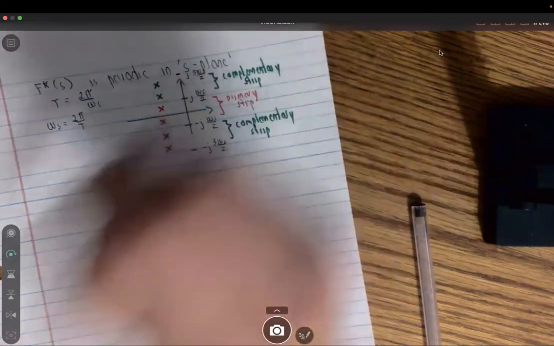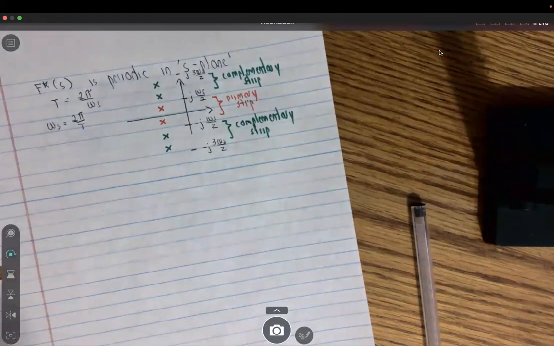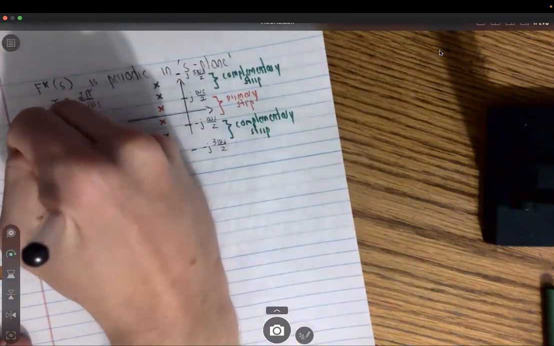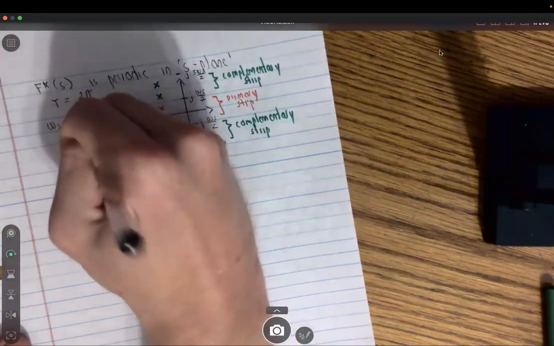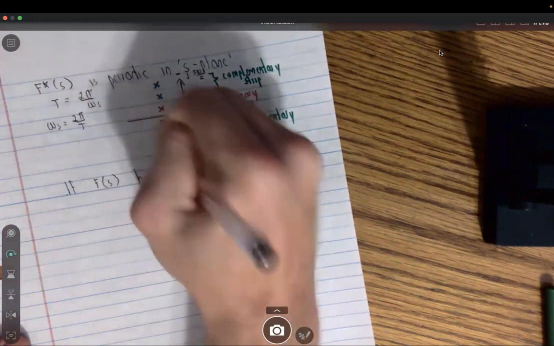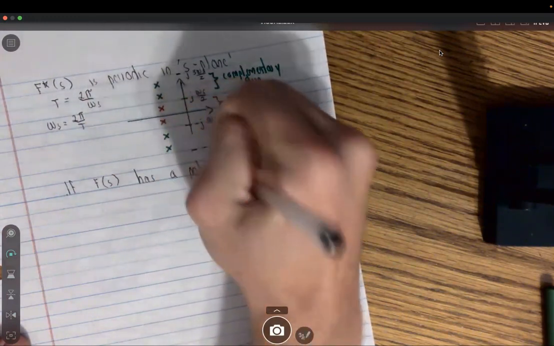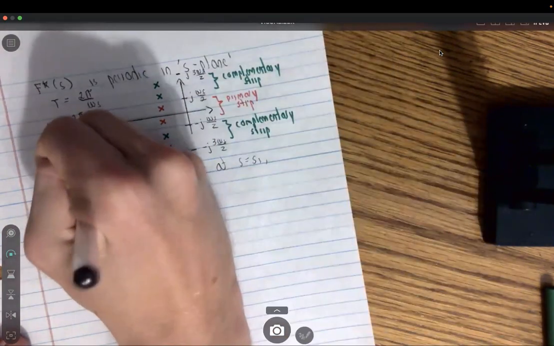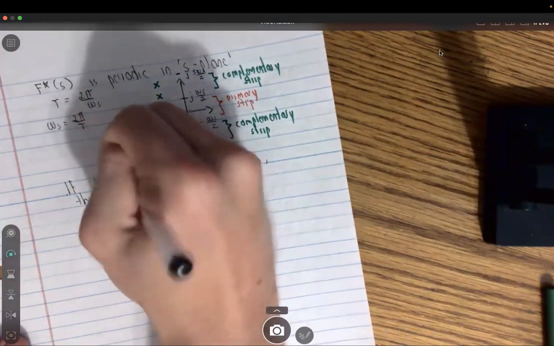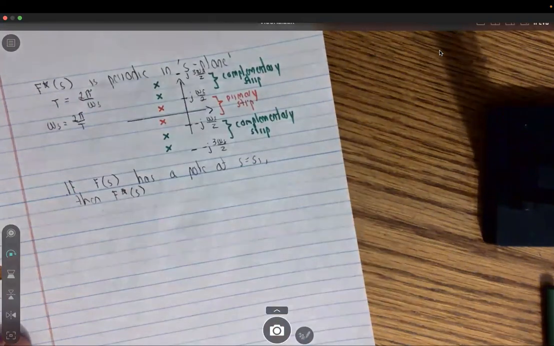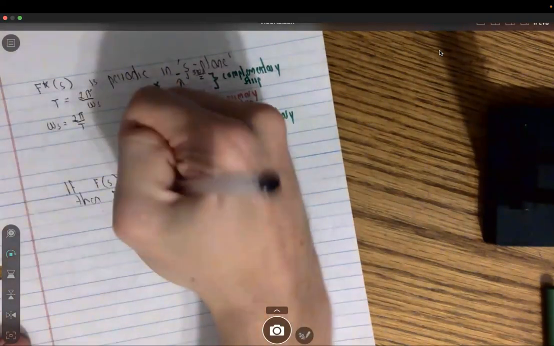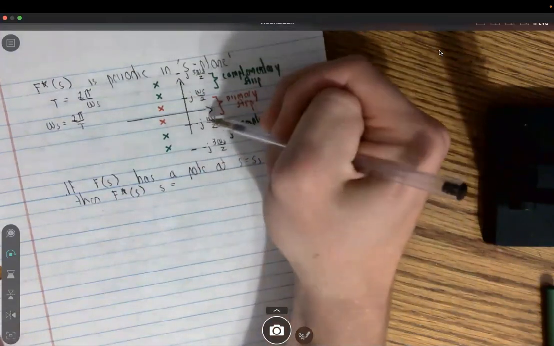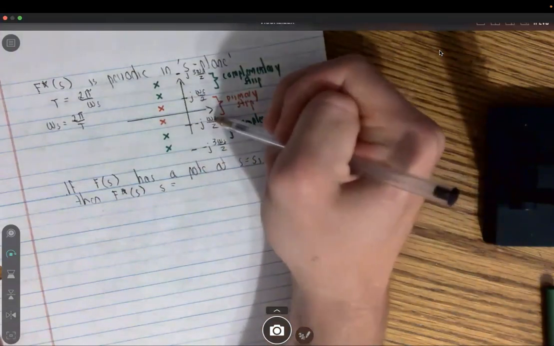And so what you're going to see is if in your f of s plane, if he asks you, if f of s has a pole at s is equal to s1, then f star of s, remember, has the exact same poles, but the only difference is that it's repeated every omega s.